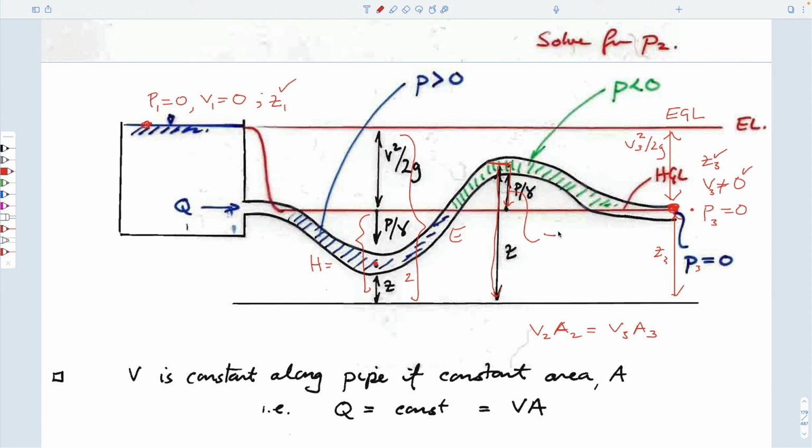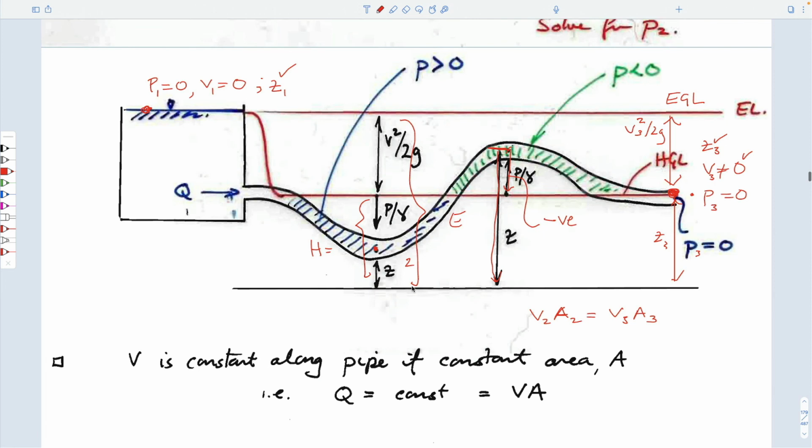So these pressures are below atmospheric. So this is atmospheric here, this is subatmospheric. And so what you could do is, if you had a long enough tube, you could put it up like this.